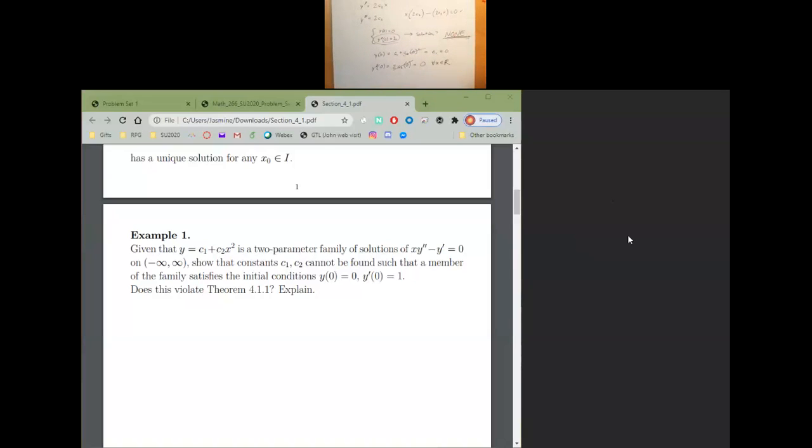Why does this not violate the theorem that we just saw? Why does this not break the rules?